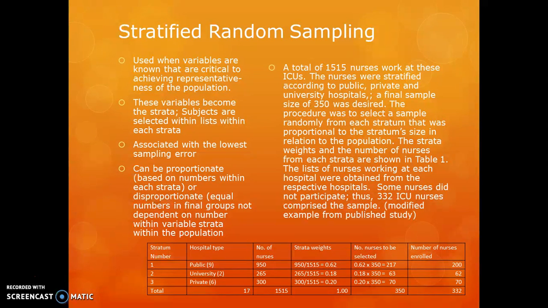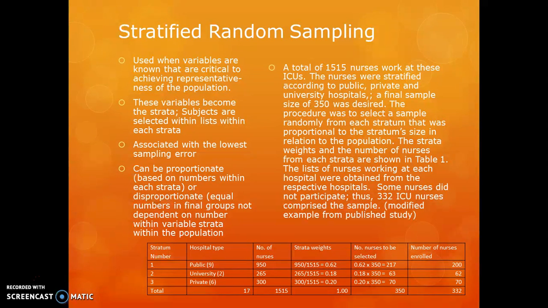So here's an example of how you determine strata. They divided up the hospitals based on type: public, university, or private. There were 17 of them. The number of nurses that worked at each of those strata: 950 nurses worked in public hospitals, 265 worked in university, 300 worked in private.